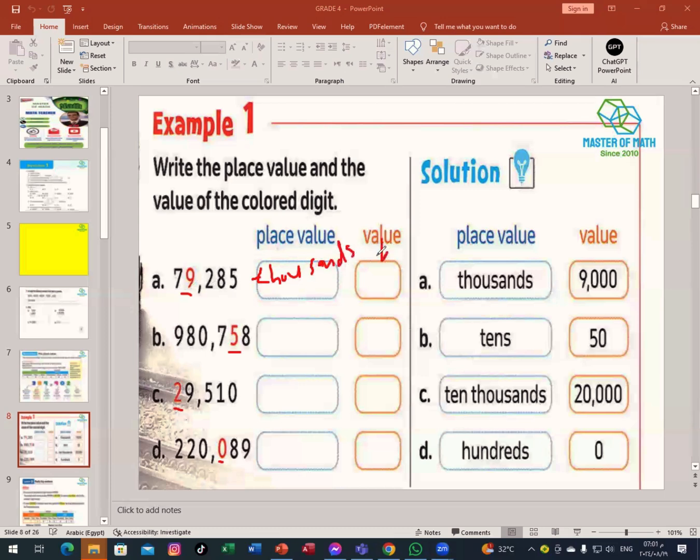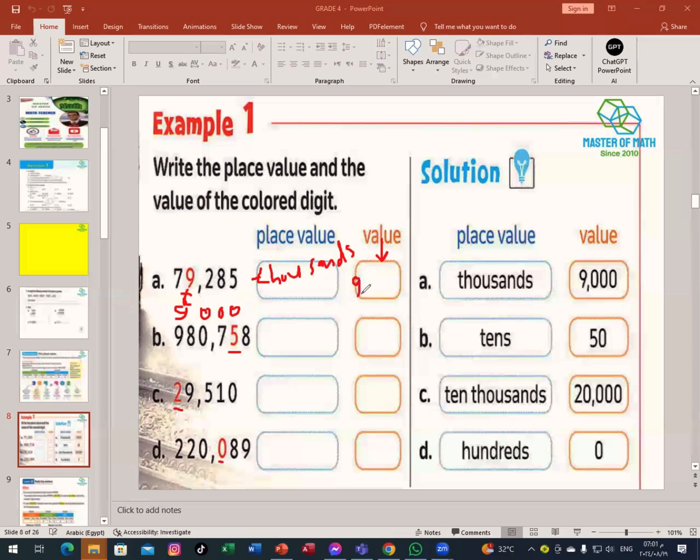But for the value, I make a shadow under 9 and go right, and any number I meet, I put 0 instead of it: 0 instead of 2, 0 instead of 8, and 0 instead of 5.